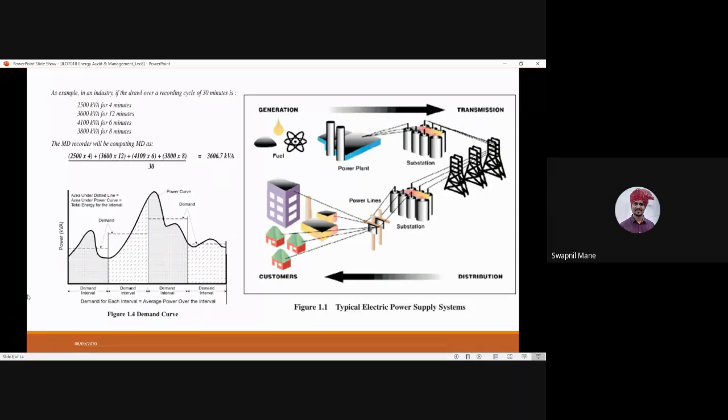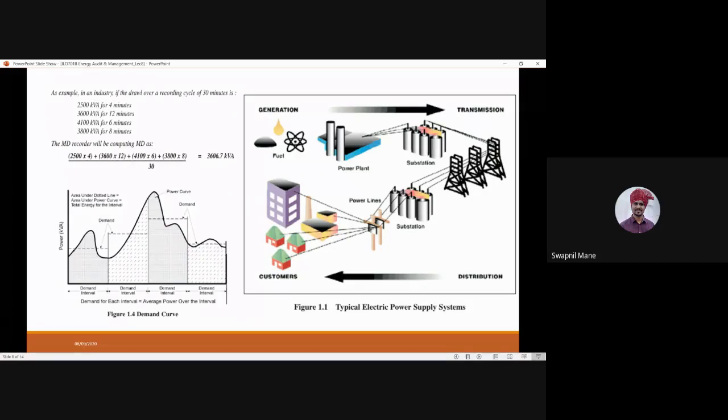Yes or no? There is a continuous requirement of power. That is called as base load. Base load. And this will be a peak load.